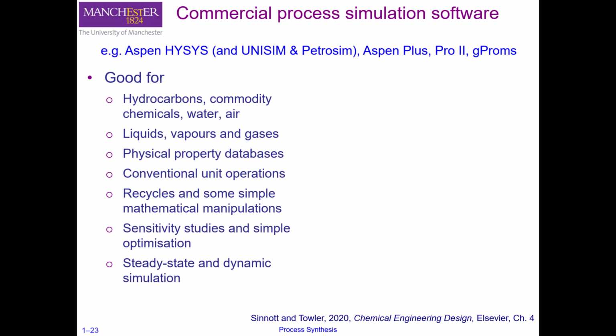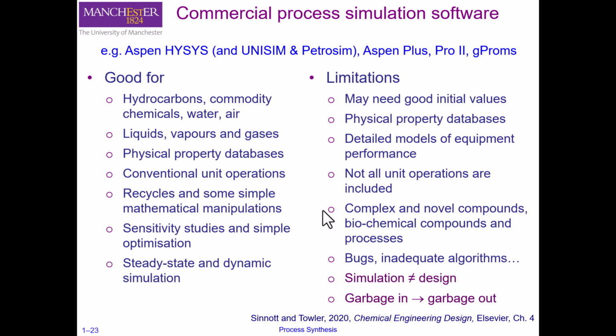They can consider a range of different phases of chemicals. They have a very good physical property database and can account for most of the unit operations. They can be good for sensitivity studies and simple optimization, and can consider steady state and dynamic simulations, or in some cases unsteady state simulation, but then you need extra packages to consider the unsteady state simulations.